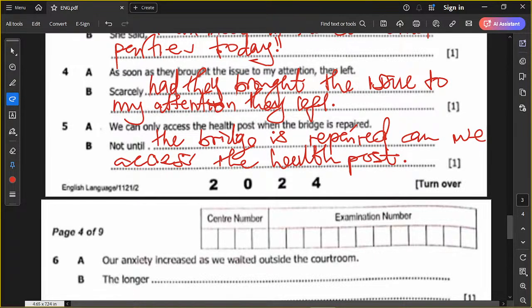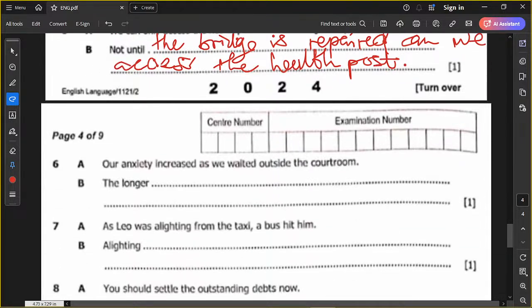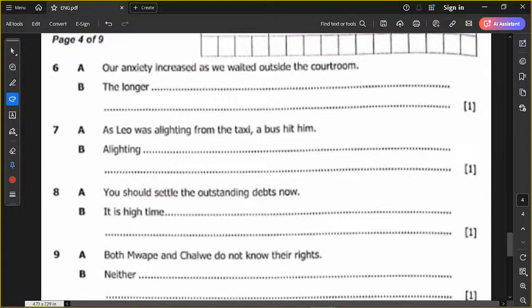Question 6. Our anxiety increased as we waited outside the courtroom. Okay, so our anxiety increased as we waited outside the courtroom.